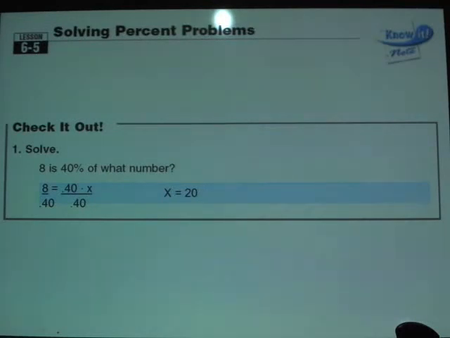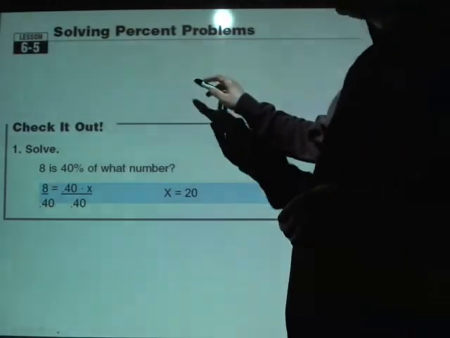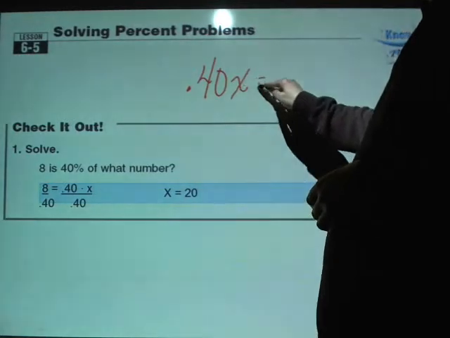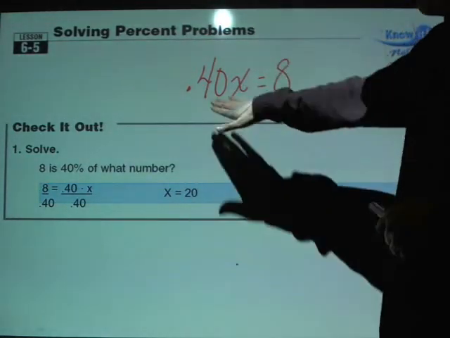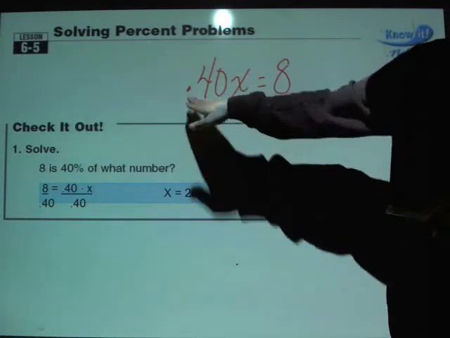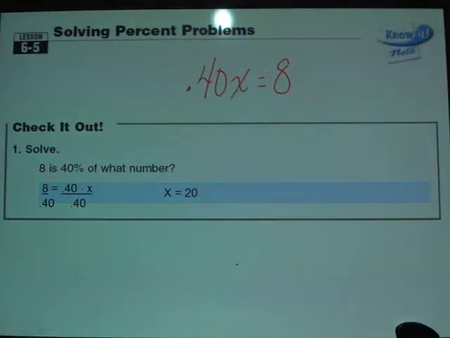Every single time we've solved an equation in Chapter 12, Unit 12, we always put it on the left. So I'm going to invert the sides and write 0.40x equals 8. Of course, you can write this as 0.4, but I'm showing that I did move that decimal twice to the left. And I think if you have to go back and look later, that will help remind you of how we do that translation.